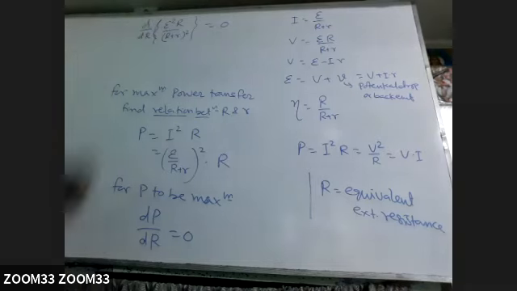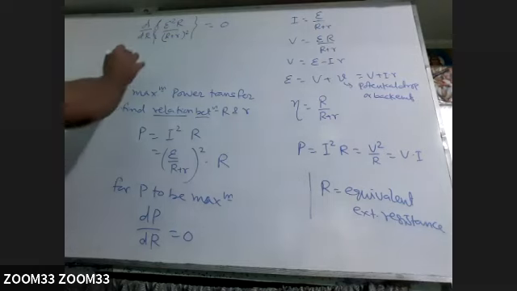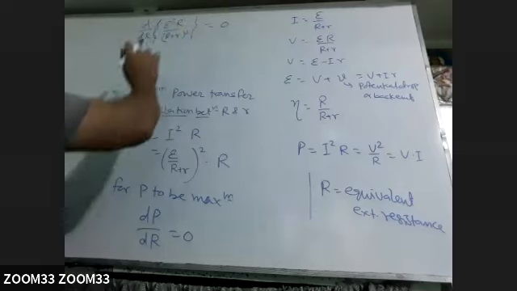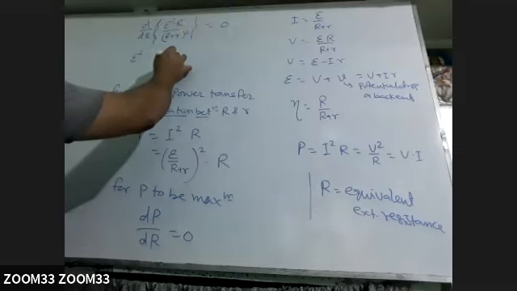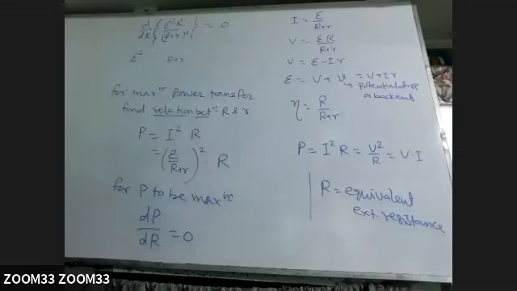E is constant, so we'll keep it out, no problem. So this E square, now differentiation of this, R by (R plus r) whole square, what will come? If we differentiate with respect to R, what will you get?